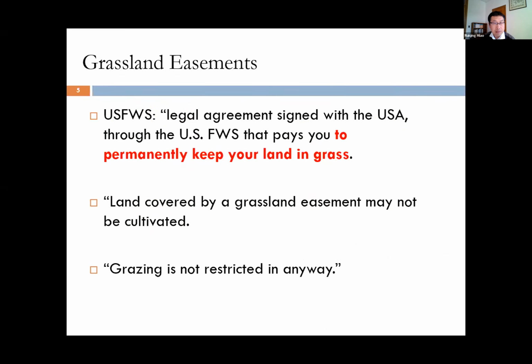So the grassland easement is considered as an efficient tool by the USFWS to conserve grassland.